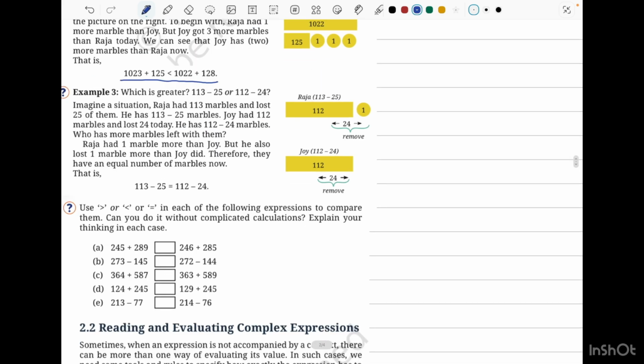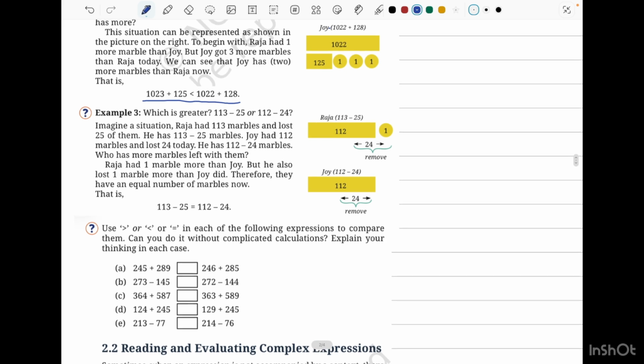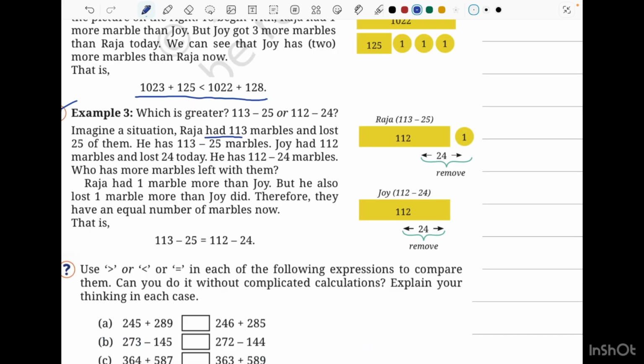So, like we have done before, Raja had 113 marbles and lost 25 of them. He has 113 minus 25 marbles, and Joy had 112 marbles and lost 24 today. So she has 112 minus 24 marbles.